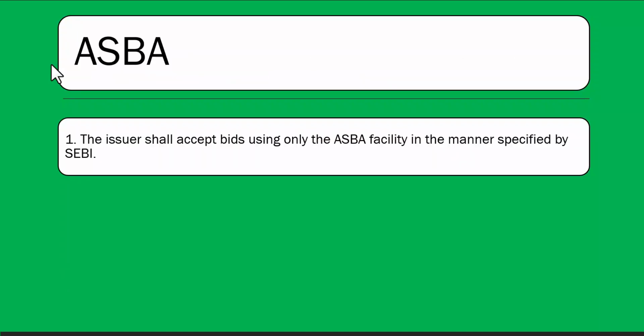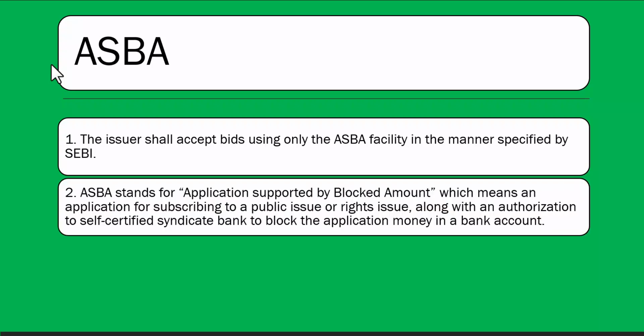Now, there is something called ASBA. Whenever we apply for an IPO, as an investor we have to give some money to the company for investing in shares of the IPO or an FPO. One mechanism through which the money is collected is called ASBA, application supported by block amount.